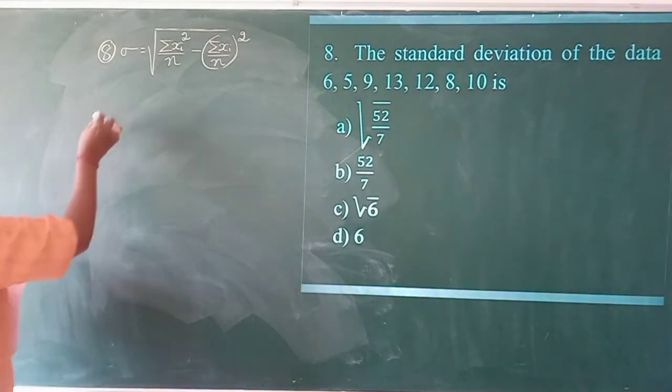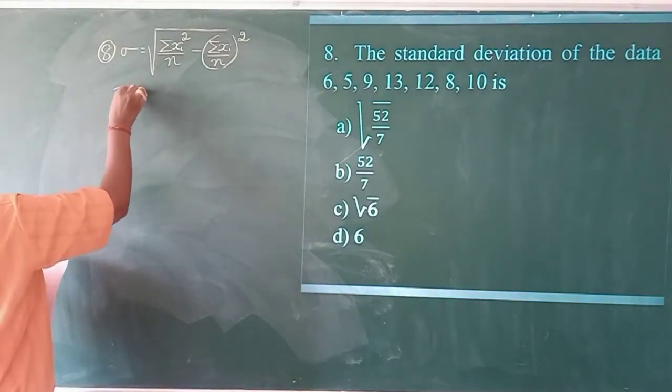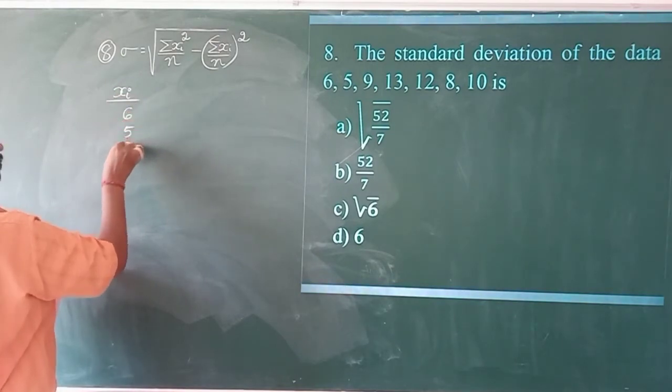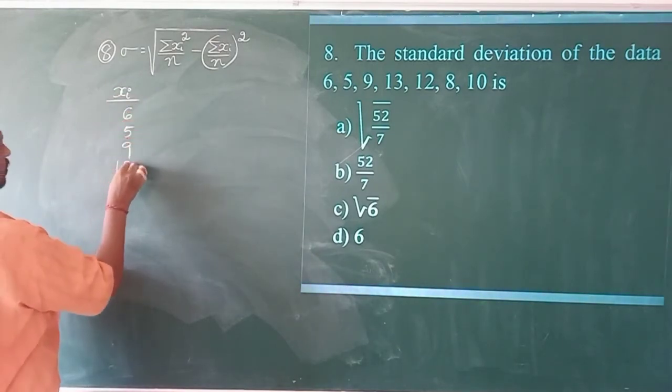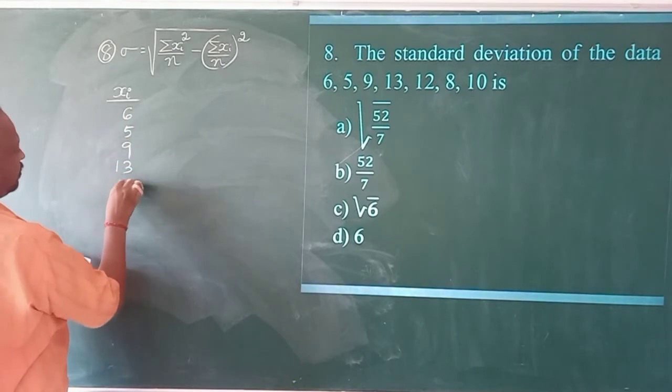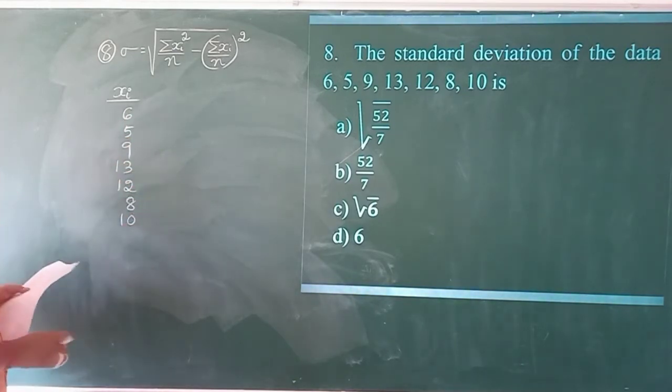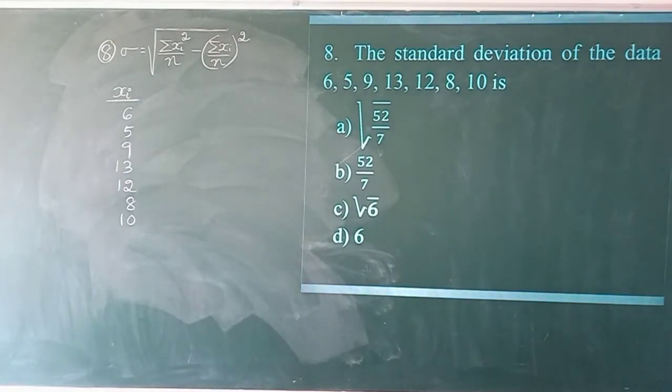So here they have given xi, that is 6, 5, 9, 13, 12, 8, 10. You can observe here 6, 5, 9, 13, 12, 8, 10.